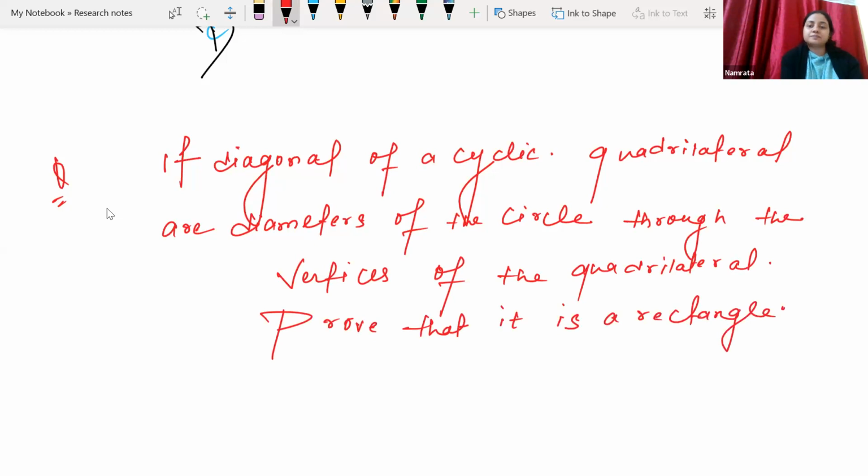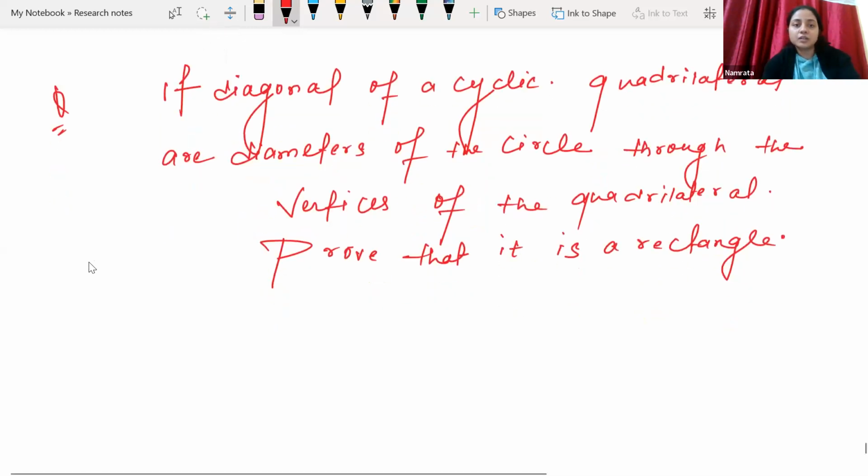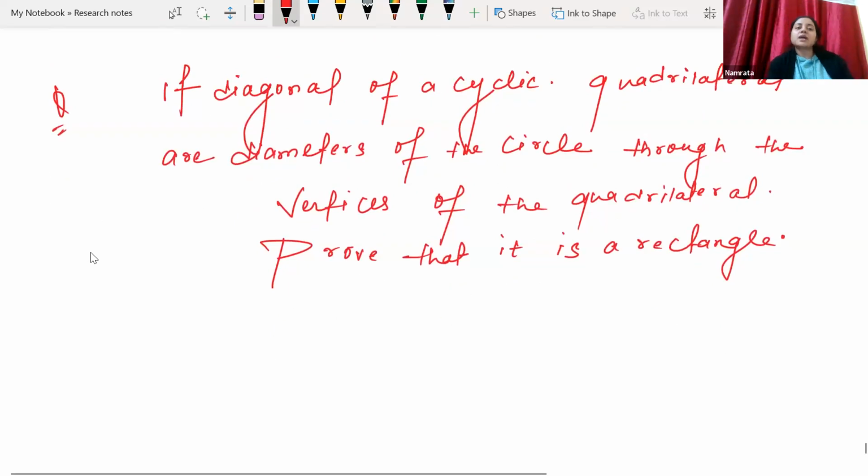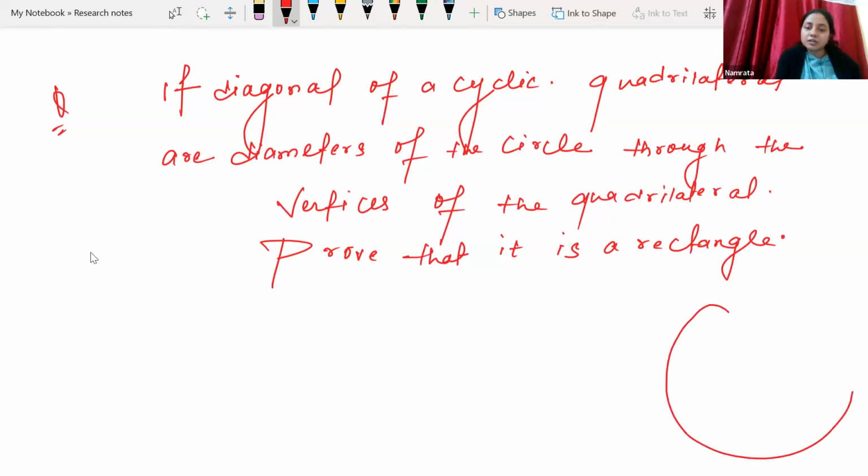Let's do it. So here the theorem mentions that if the diagonals of a cyclic quadrilateral, what's a cyclic quadrilateral? We have a circle, and there is a quadrilateral like this.